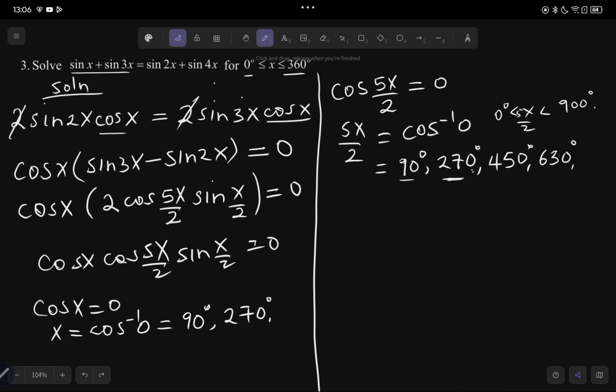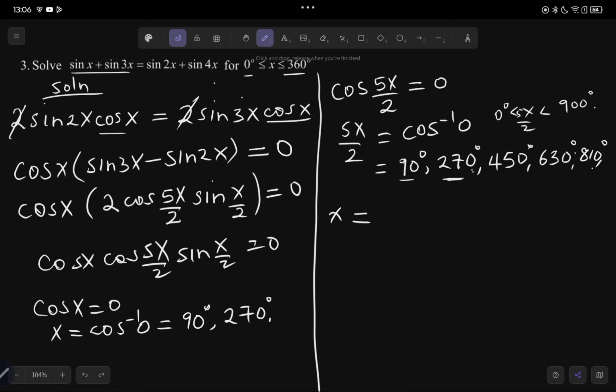Now, the third cycle: the first two cycles are 720. 720 plus 90, we get 810. Let's now try the next one. 270 plus 720, you're above 900. So you're stopping at 810.